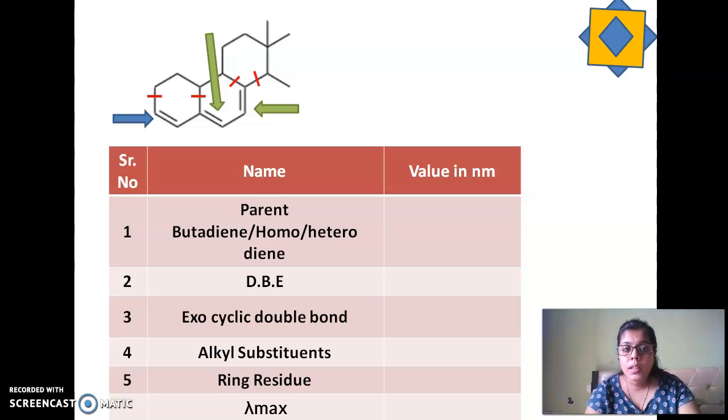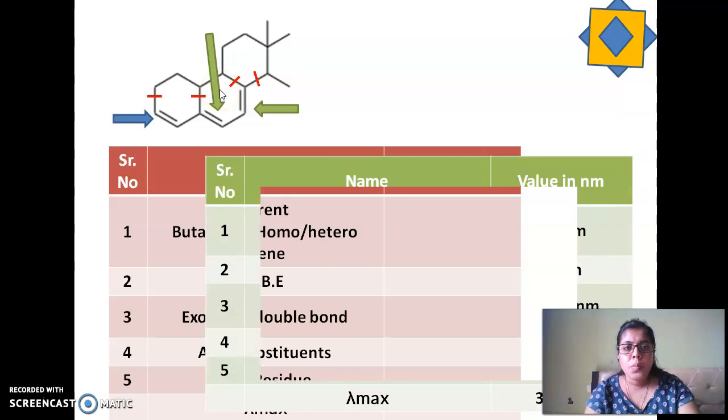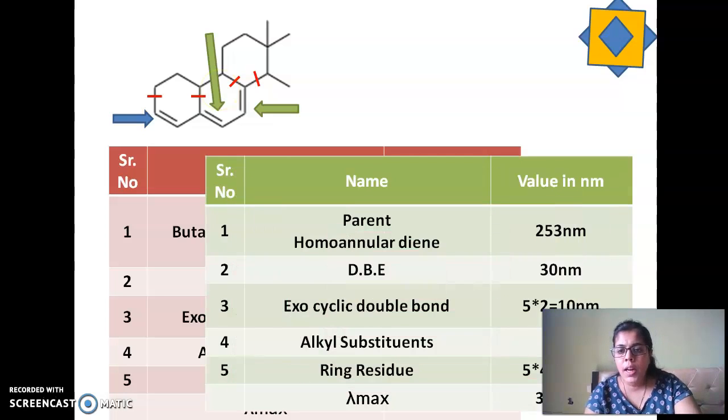How many? 4 ring residues. If I have this as a parent, here I have a ring residue, here nothing, here I have 1, here nothing, here nothing, here I have 2. I have to consider ring residues to the extended parent also. So my total comes to 30 for DB added to 253, 10 for exocyclic because there are 2 exocyclic, 4 ring residues adding to 20, making 313 nanometer as my total.